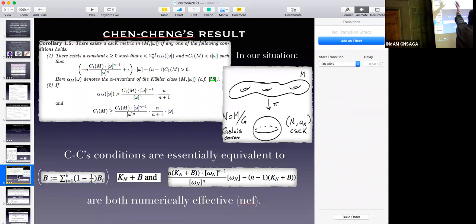Note that for them there is no covering, there is no blow up, there is nothing. There is only one single manifold. So they ask the root question: give me a manifold, a Kähler class, and I want to know whether there is a constant curvature metric there, without any construction.